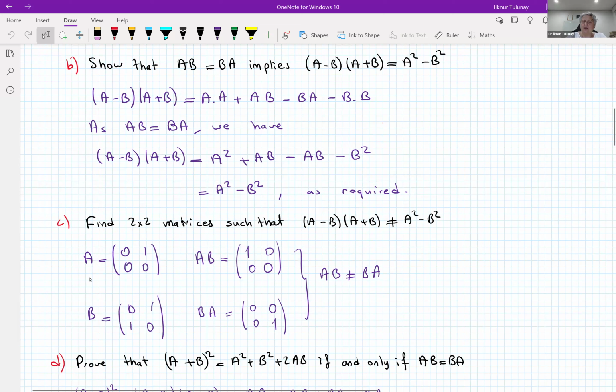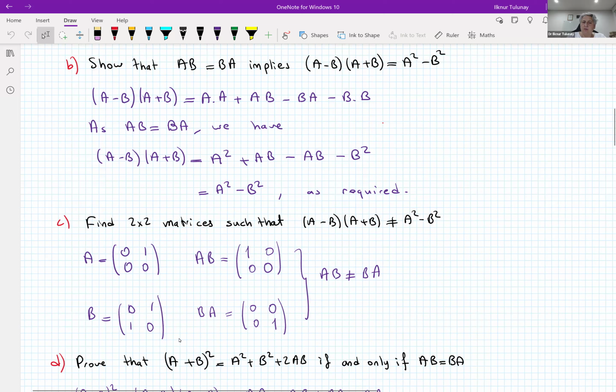So choose A and B and multiply A times B. This row with this column, you will have 1 here. This row with this column, this is 0 times 1 plus 1 times 0, that is 0. So everything else will be 0, and A times B is this matrix.